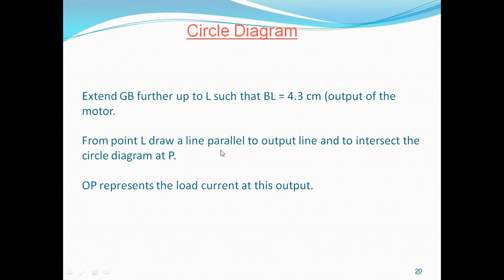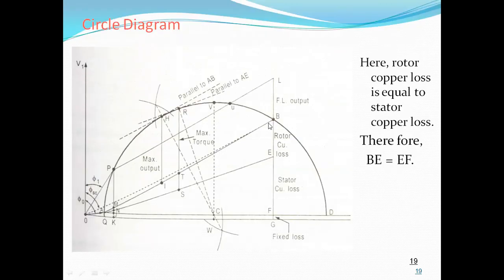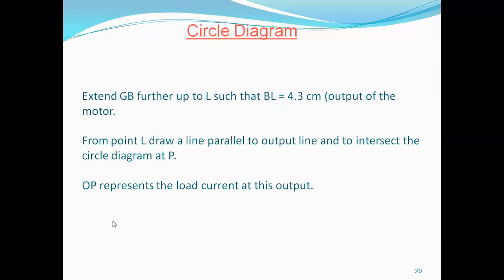From L, extend GB like this, and from L as a starting point, draw a line parallel to AB that intersects the circle diagram at point P. Now join OP and draw a vertical line from P, that is PK.